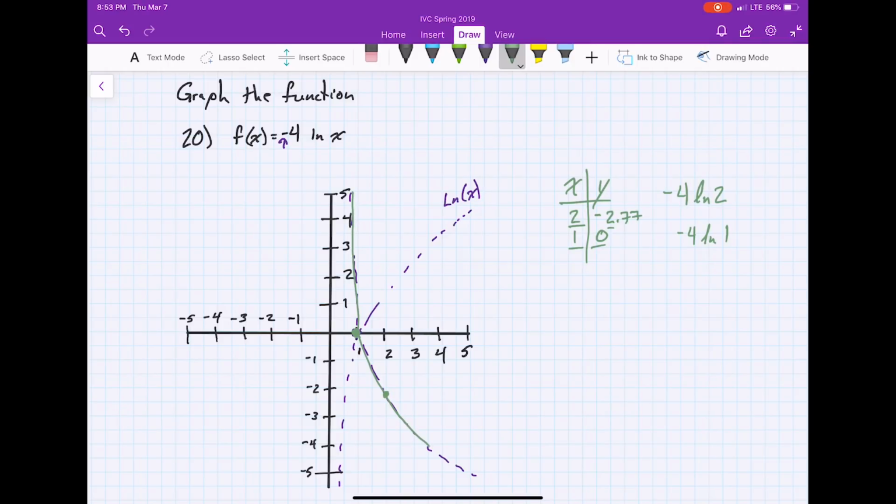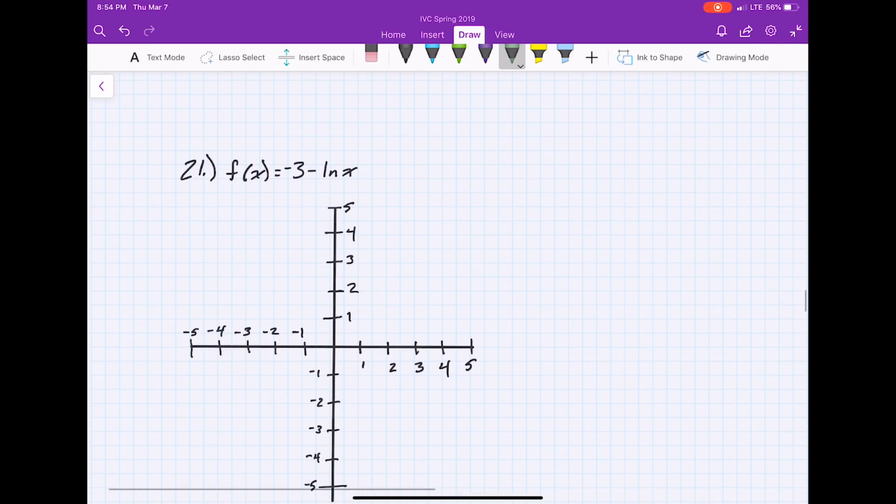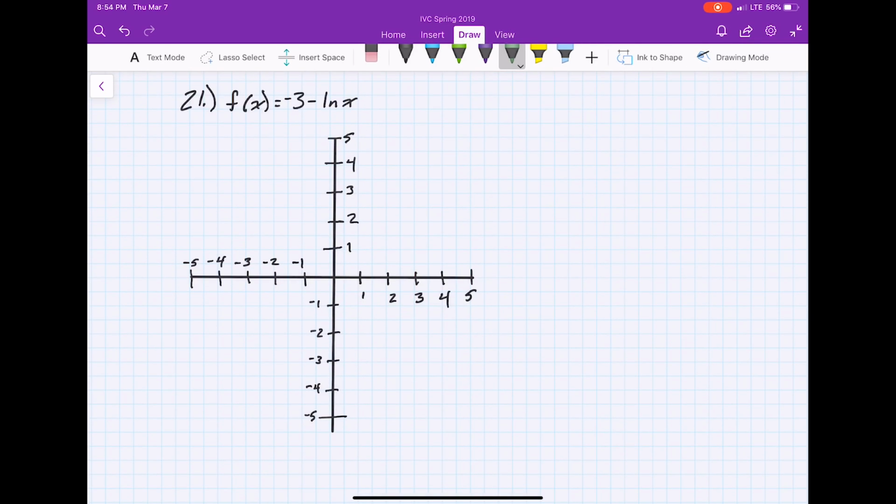But this is our actual line right here on the graph. So that one's kind of easy. It's a little bit of plug and play, but having an idea what it should look like helps you understand if you're going to get it right.